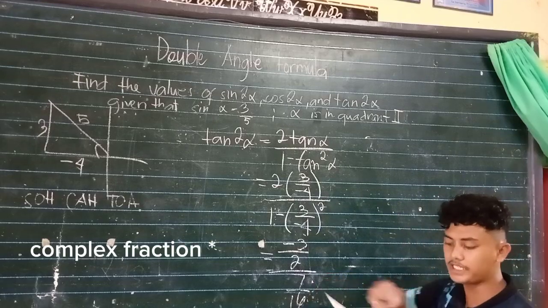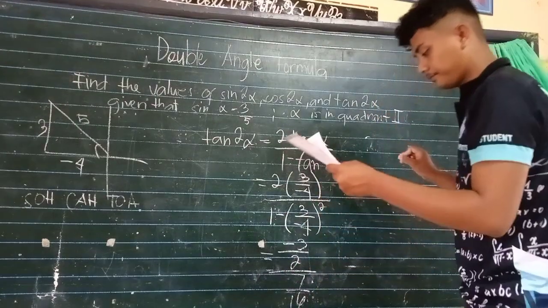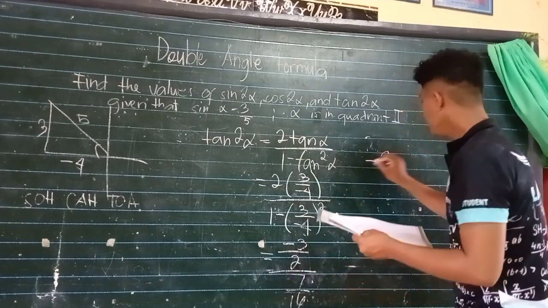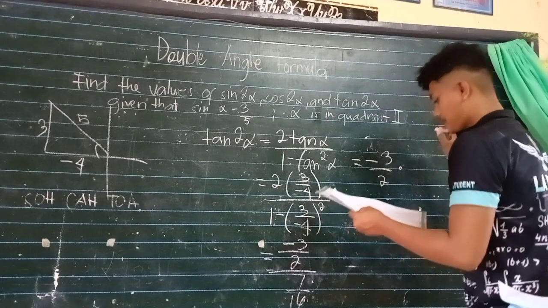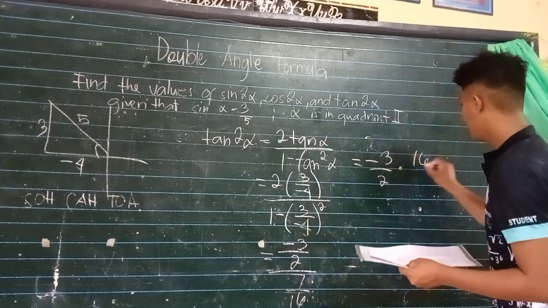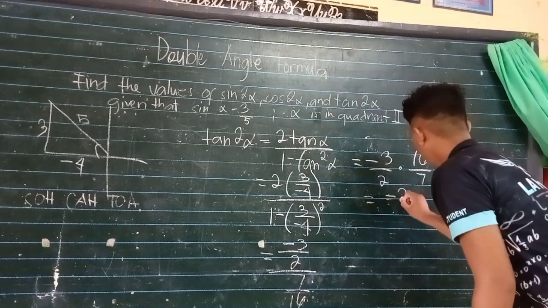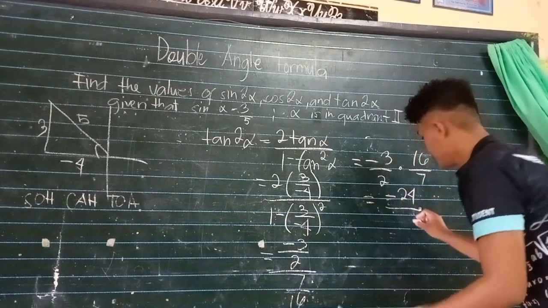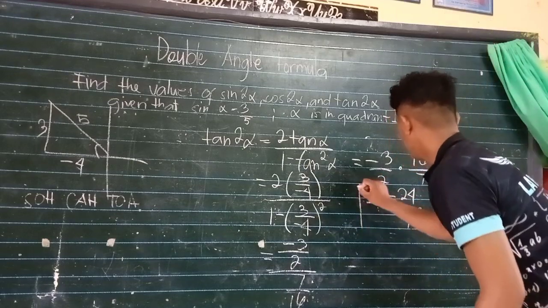We can take the reciprocal of these to find the final answer: negative 3 over 2 times 16 over 7 is equal to negative 24 over 7. So here's our final answer.